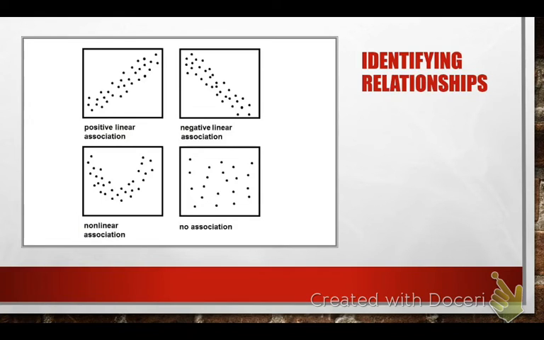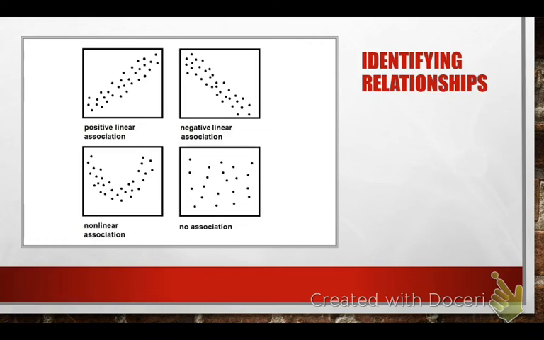I'll give you one. The more calories I eat, the more weight I gain, right? I wish it wasn't that way, like the more food I eat, the less I weigh. But that's not how it works. The more calories we eat, the more weight we gain. That's a positive relationship because as X is increasing, as you consume more calories, your weight is also going to increase.